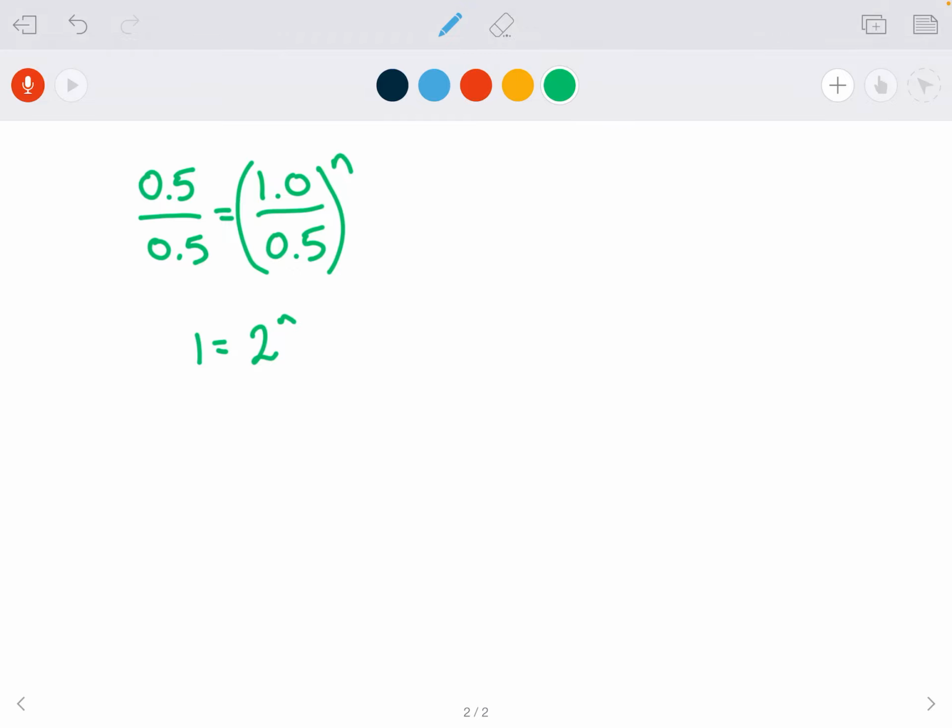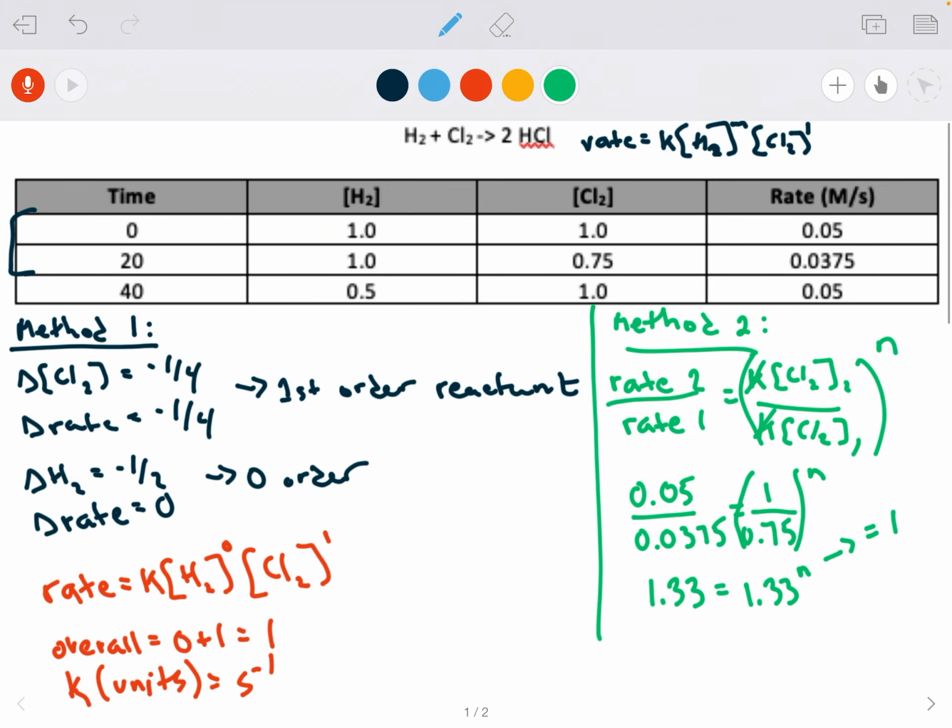So anything to the 0th power is 1, so that means N is equal to 0. So those are the two methods for using a table of experimental data to then determine the rate of the reaction and the rate order of the reaction.